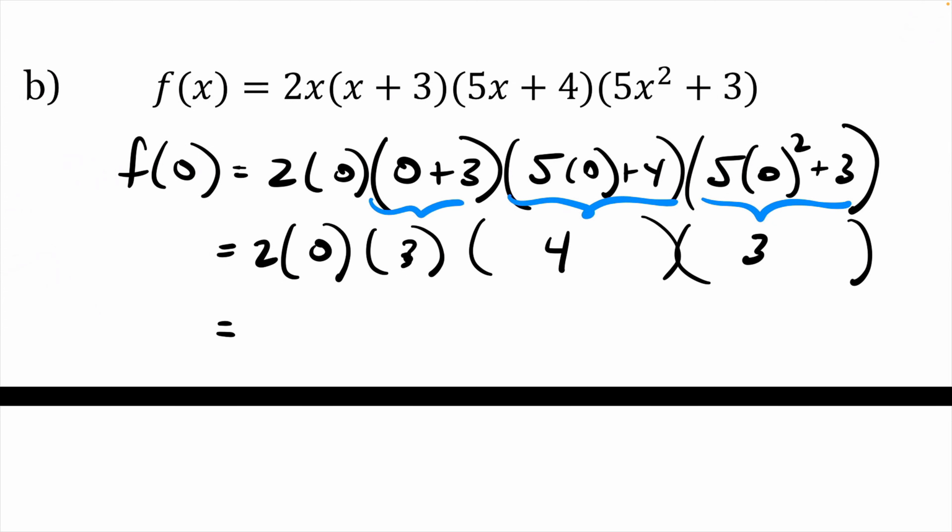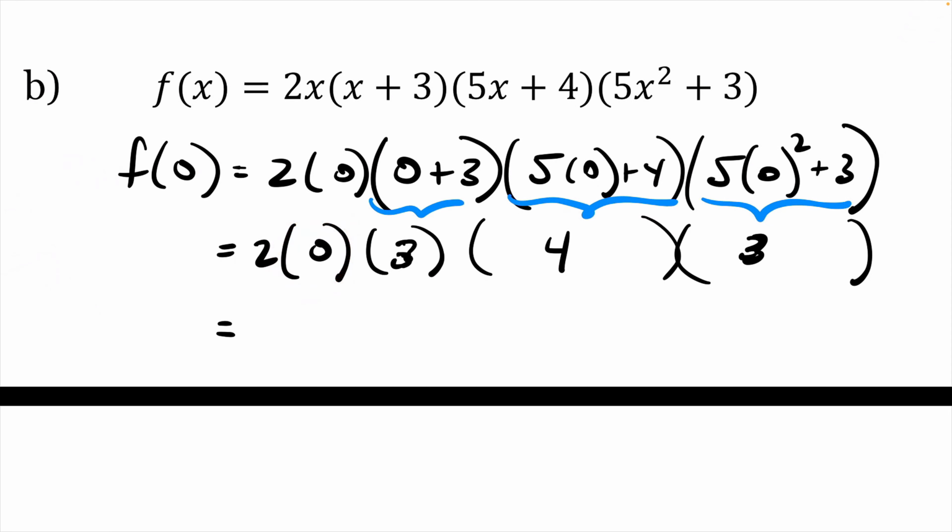Now multiply straight across. 2 times 0 times 3 times 4 times 3. What do you get when you multiply straight across? Not 12. 0, yeah. Why 0? You're right. When you multiply times 0, it's going to cancel everything out.